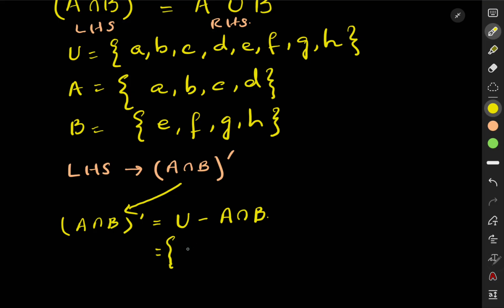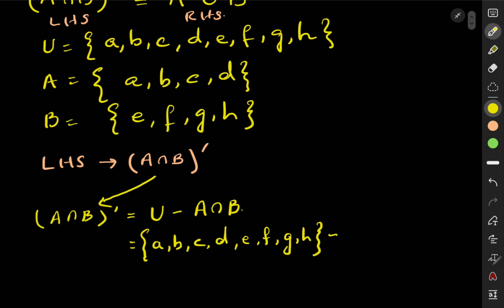We may write the members of U set, that is A, B, C, D, E, F, G, and H, minus A intersection B.